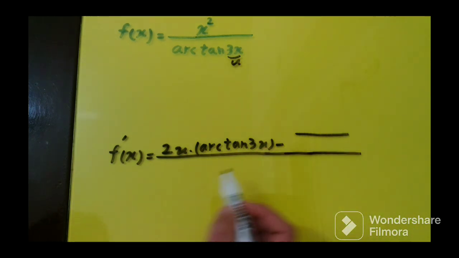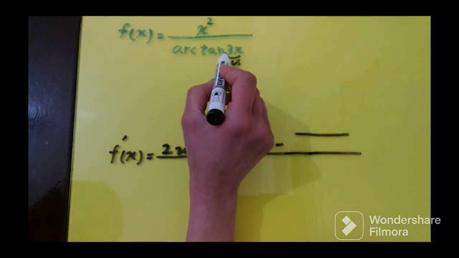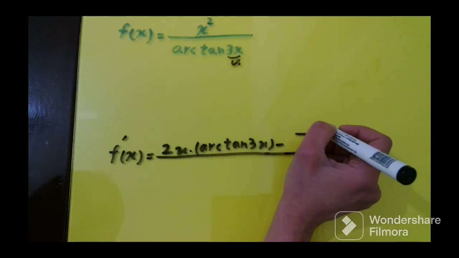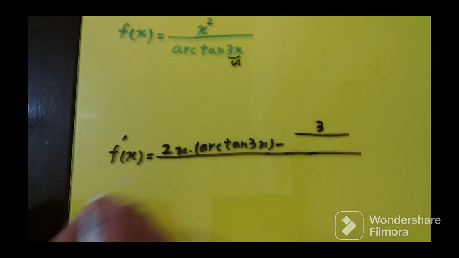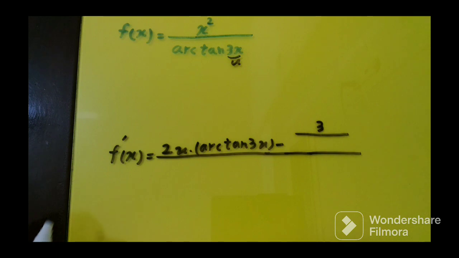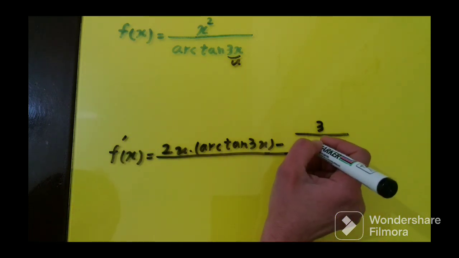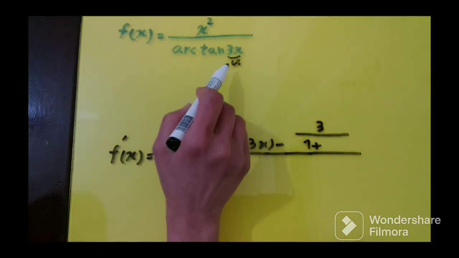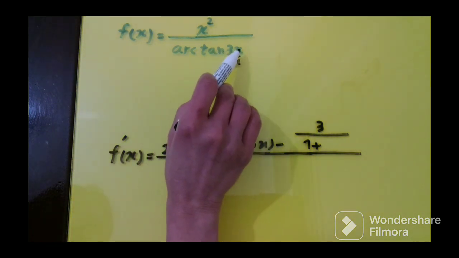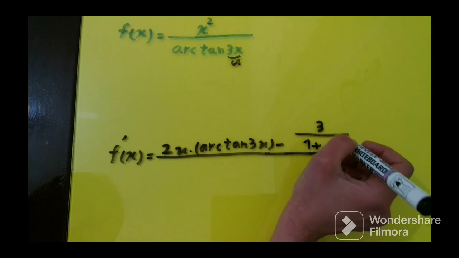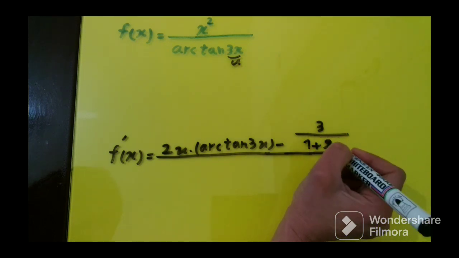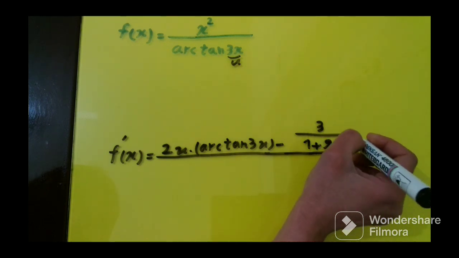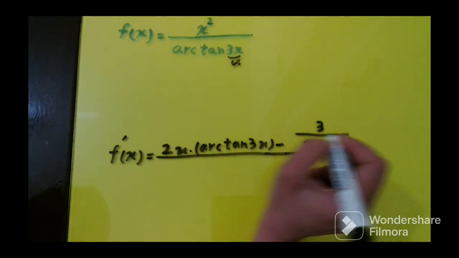So according to the formula, for up there is u prime. It's 3. And for down, you should put 1 plus u squared. 3x squared, it's 9x squared.